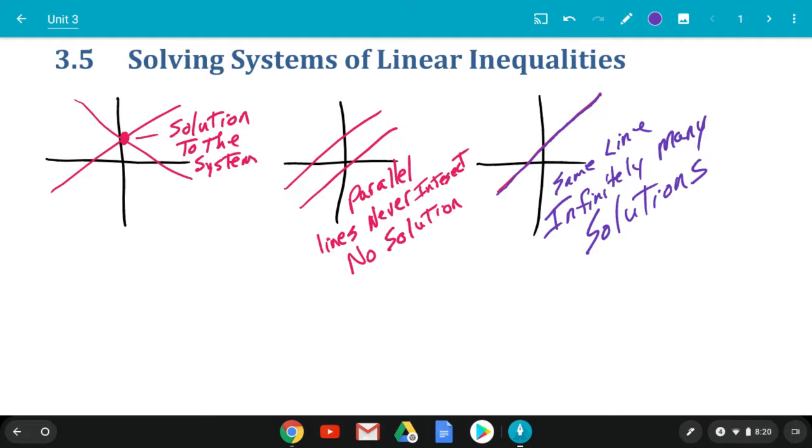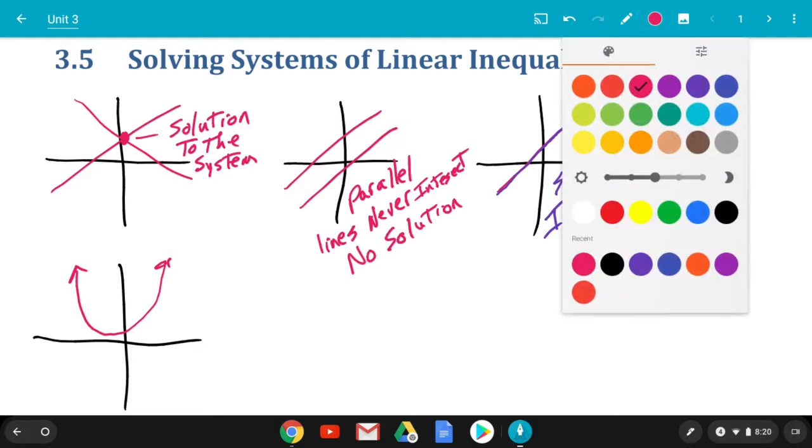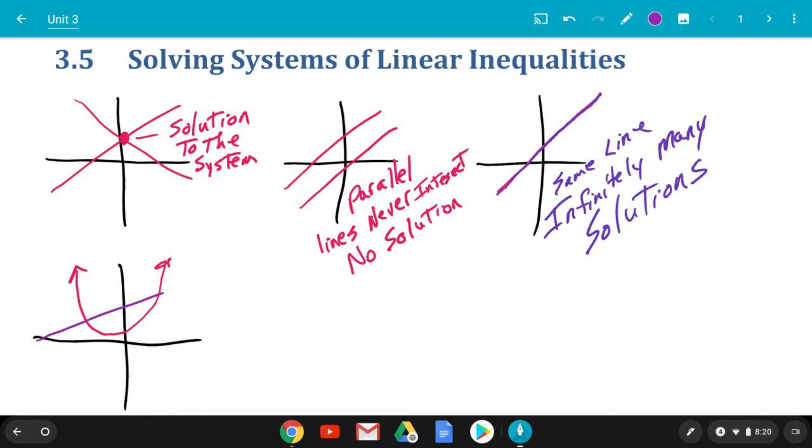Now, I want to get crazy. Are you guys with me? I know this stuff is super hard right now, but let's get crazy. Do you realize that in the next section, or really soon, we're going to be graphing these? What is that? It's a parabola, the graph of a quadratic. Could I graph a parabola and a line on the same plane? Yeah.